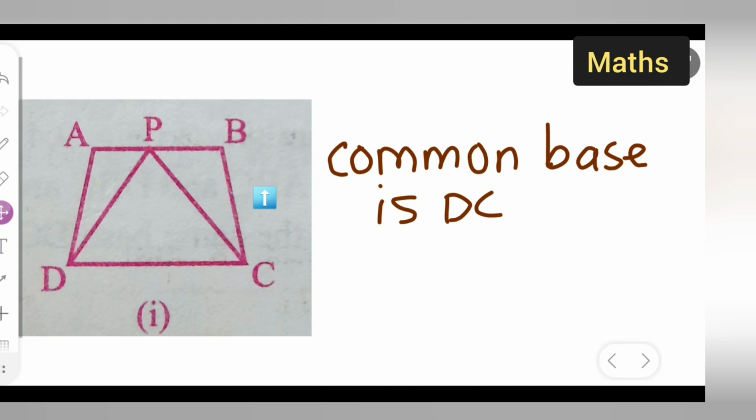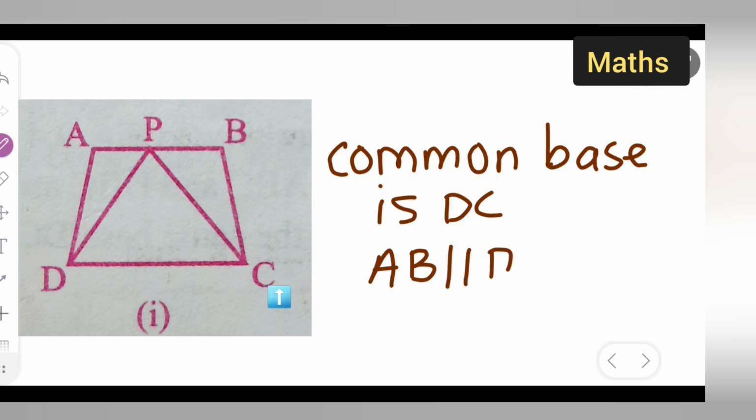In the given figure, you can see DC is the common base for both DAP and ABCD. Next, what is parallel over here? AB is parallel to DC. When we have taken DC to be the common base, DC and AB are parallel, okay?